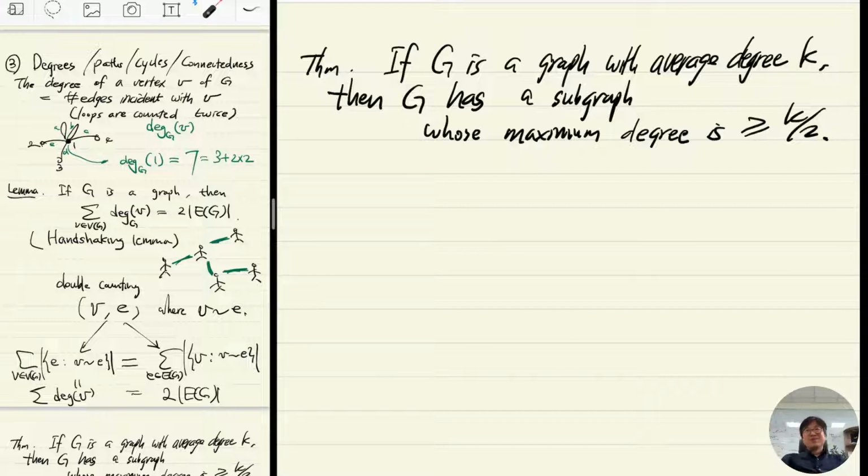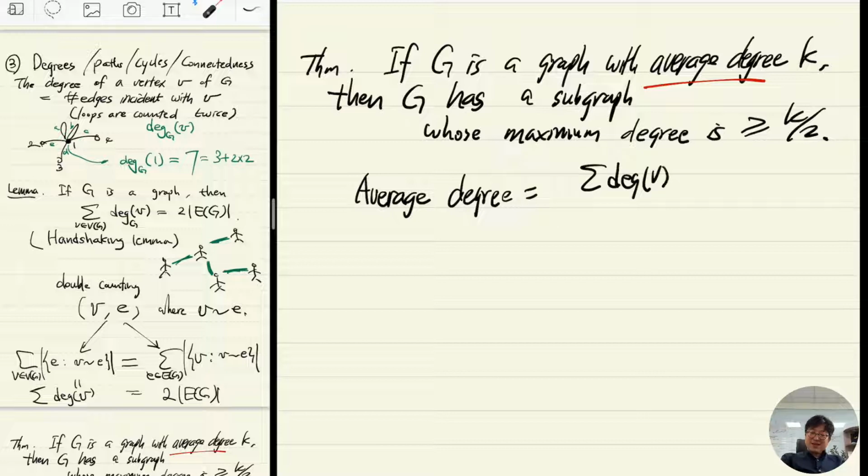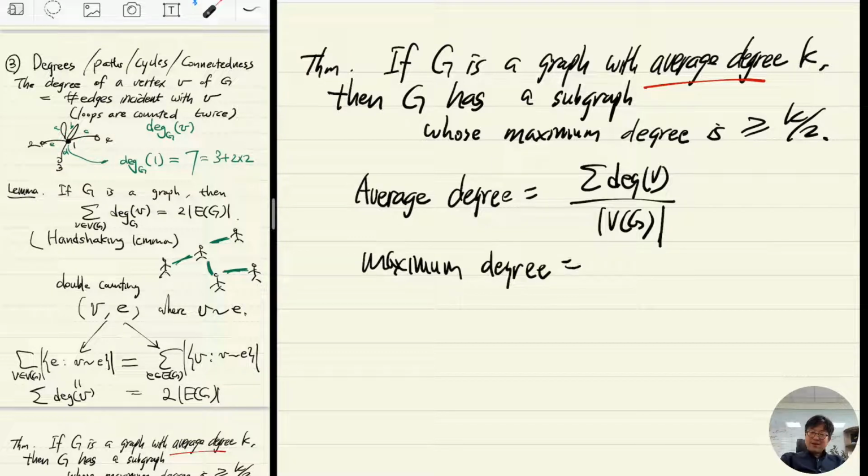So what does this mean? Yeah, so what is average degree? Average degree is simply the sum of degrees divided by the number of vertices. The maximum degree is just the maximum degree.